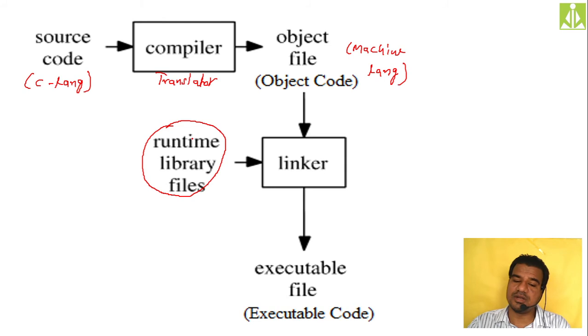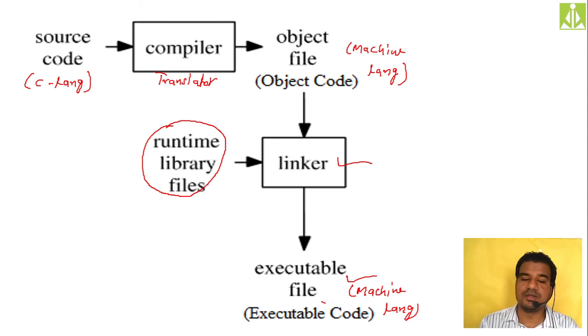So who will add these runtime library files with the object code? In the sense, the linker will do that job. The linker will add this object code with the runtime library files. So we are getting the executable file, executable code, and this executable code will be in machine language and it will be ready for execution. Hopefully you understood this one. So this is another concept we have completed, the difference between object code, source code and executable code.